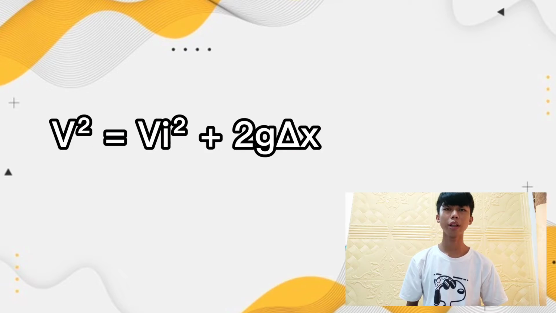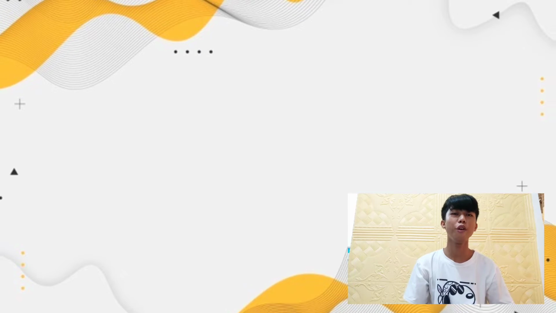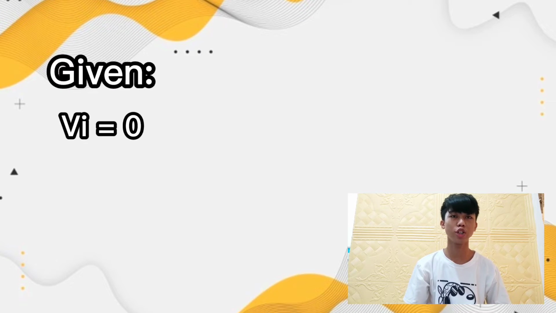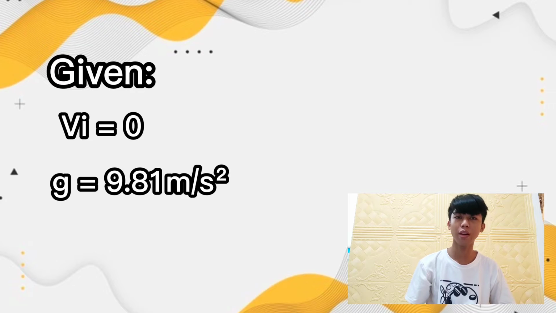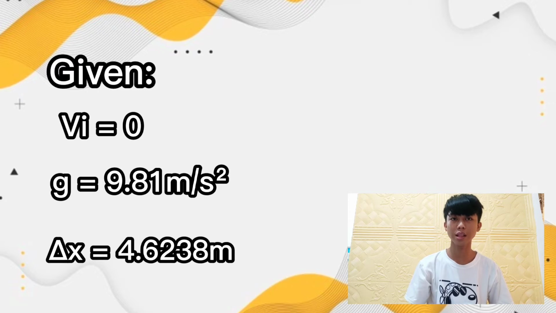The time is how many seconds it takes for the egg to land onto the passerby's head. We will use the kinematic equation to solve for the final velocity, which is final velocity squared equals initial velocity squared plus 2 times gravity times change in distance. The givens are the initial velocity, 0, gravity, 9.81 meters per second squared, and the distance, which is 4.6238 meters.